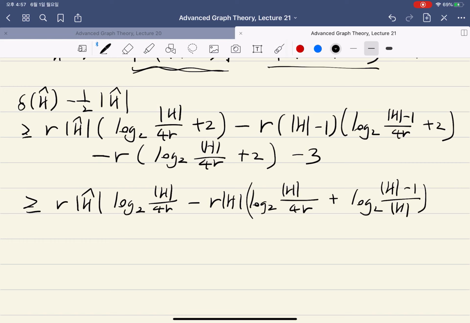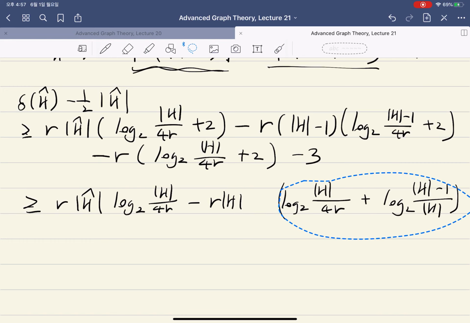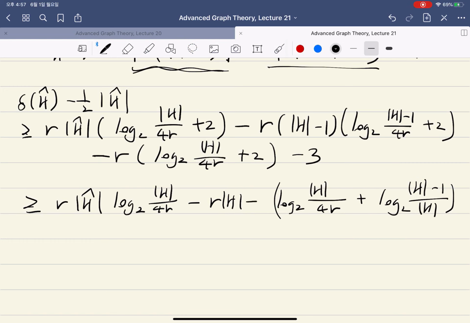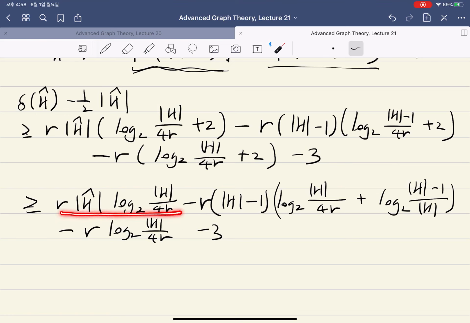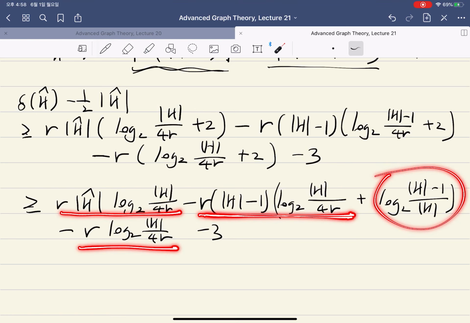No, let's not write it this way. Minus r log 2 h over 4r minus 3. So this is the same. And if you take this term and this term and this term, except these 3 terms, then what do we get?